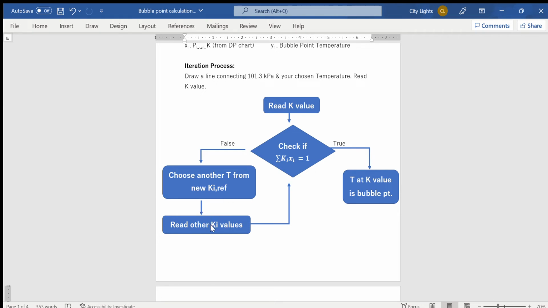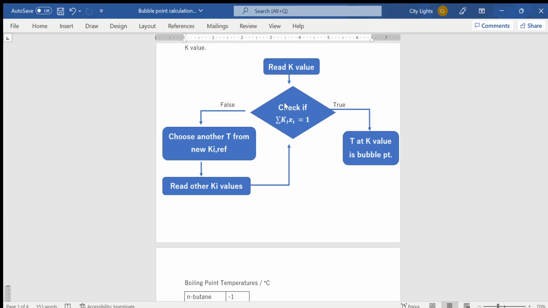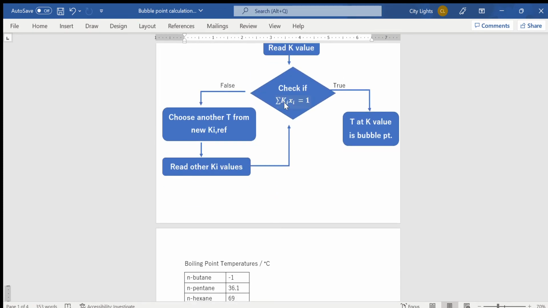And then we read other K values, and then we check if it equals 1. If it doesn't equal 1, we continue our iteration again. This loop continues for a maximum of 2 times until we reach a value which is closer to 1.